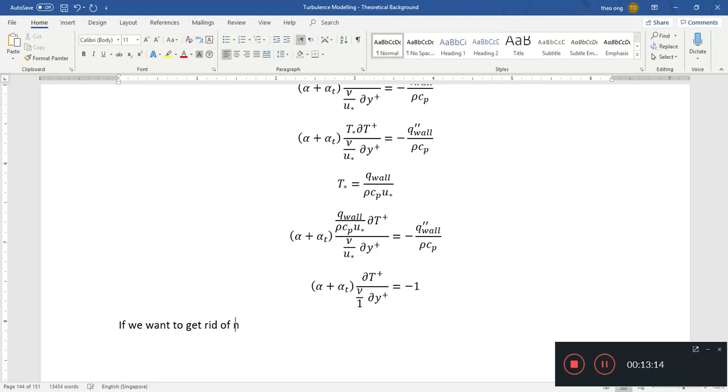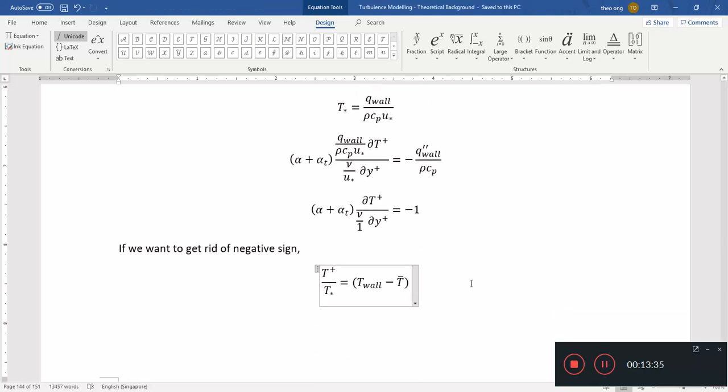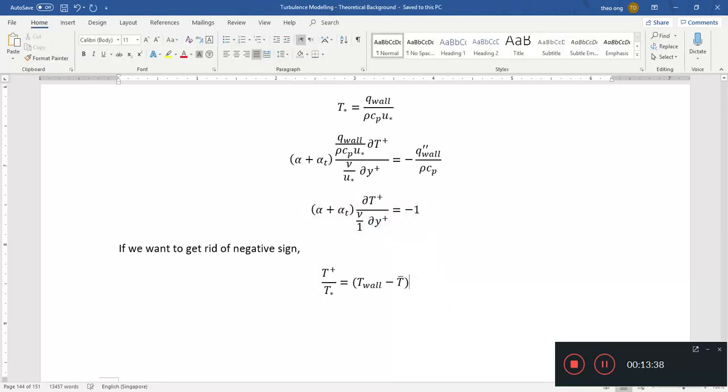Okay, we can do it this way: t plus divided by t star equals t wall minus t bar. That's how, if you want to get rid of the negative sign, you can just do that straight away, no problem. You just remember to substitute back correctly later on.